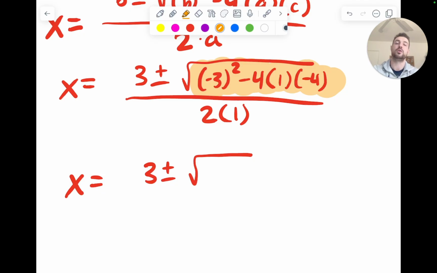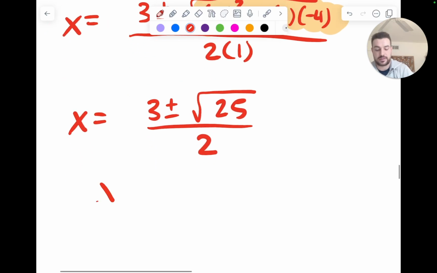Now, we're not quite going to worry too much about the discriminant now. Instead, we're just going to simplify that. And now you can do this in a calculator, or you could do it in your head. We have negative 3 squared minus 4 times 1 times negative 4 is going to give us 25.